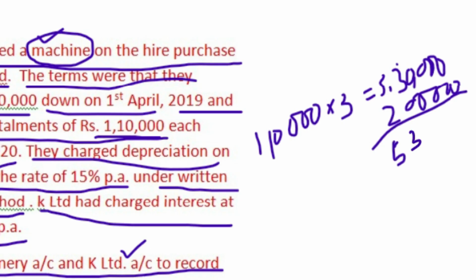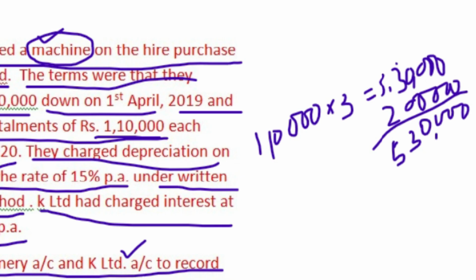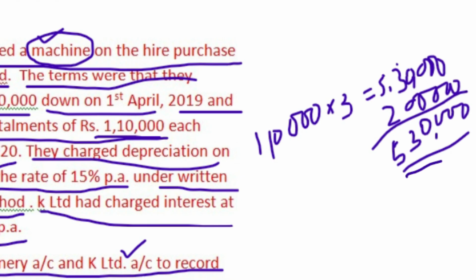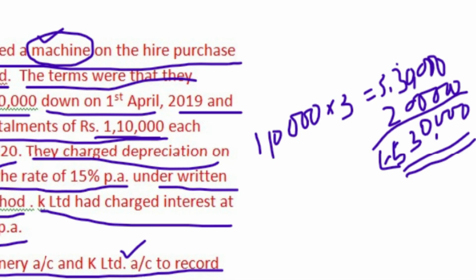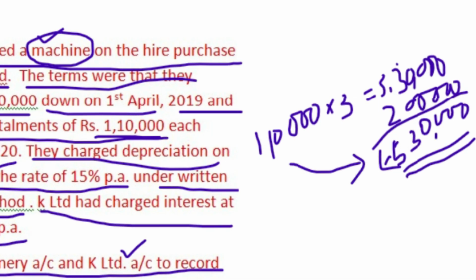This is the amount the hire purchaser has paid to the hire vendor. That means the machine price is not more than 5,30,000. The machine price is less than 5,30,000 because the installment amounts also include interest at 10%. What is the amount of interest included in this 5,30,000?